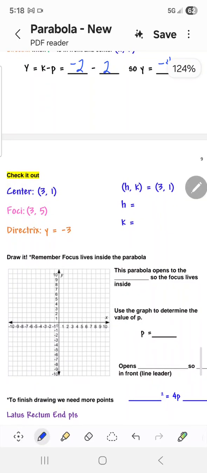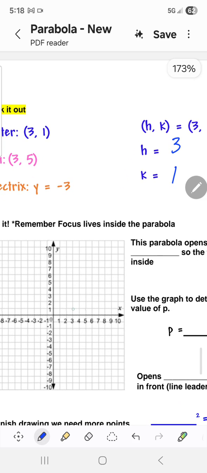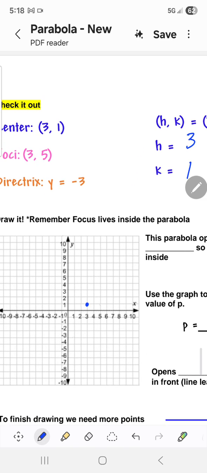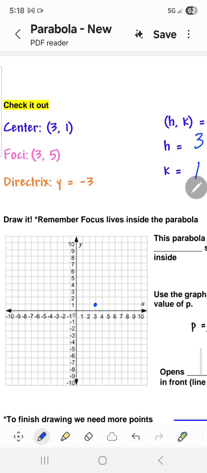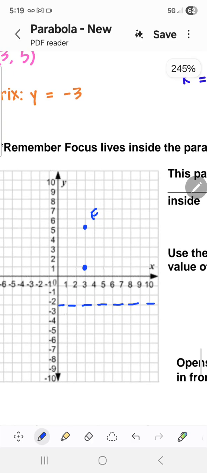Here is another one, lots of things to draw. It's telling me my center is 3, 1. It's telling me my focus is 3, 5. And it's telling me my directrix is y equals negative 3. So it's 1, 2, and 3. If I'm looking at this, I can go ahead and tell you the value of p, because from my vertex to my focus, or from my vertex to my directrix, is the distance of p.